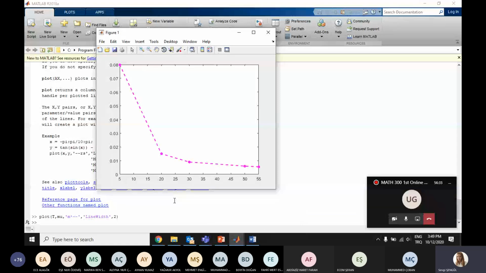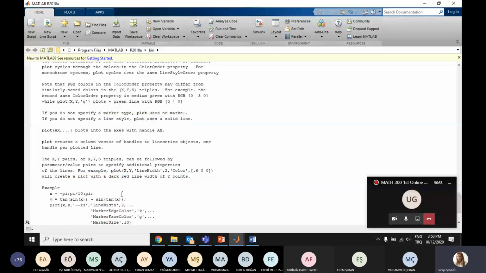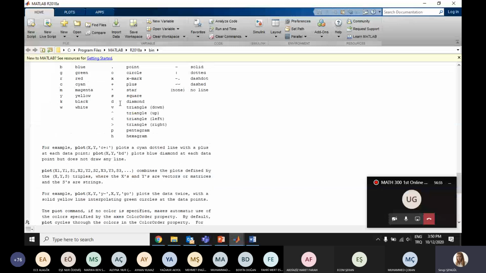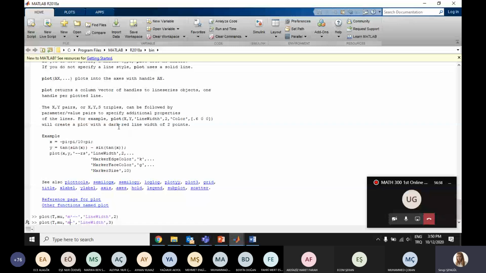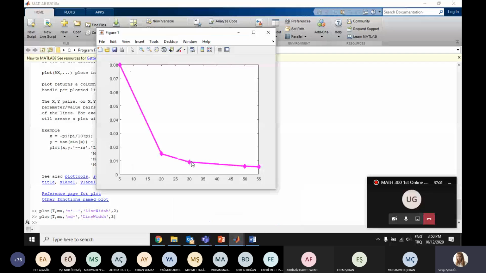If you make it 3, it's going to be much bigger. I'm just playing to show you. And let's make it circle or dash. What can we do more? I don't know. Let's check it from here. Diamond, D. Let's make it diamond, D. See, it put diamonds here, but now the line is so wide.